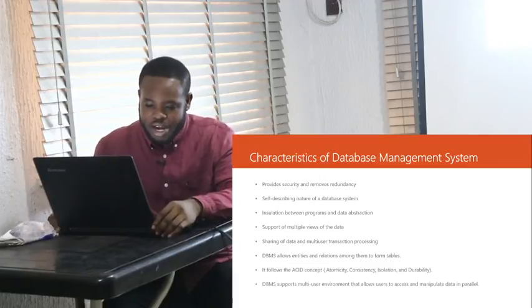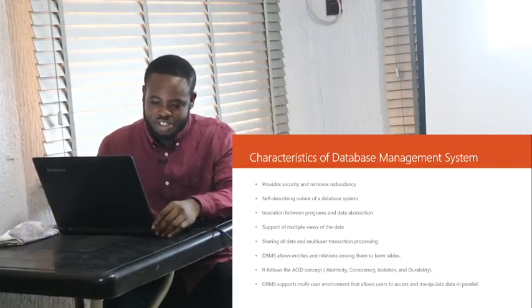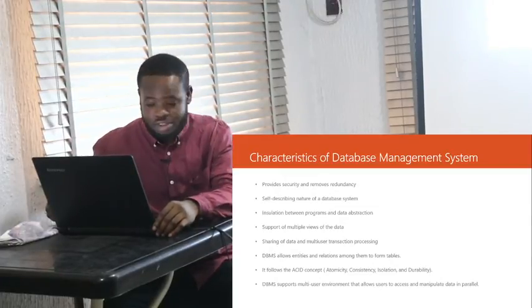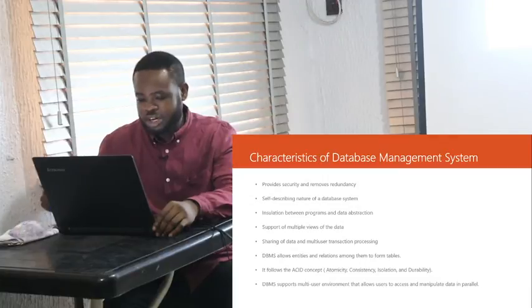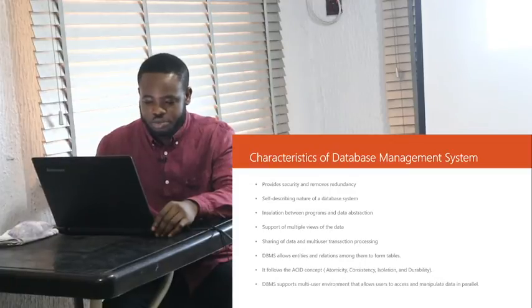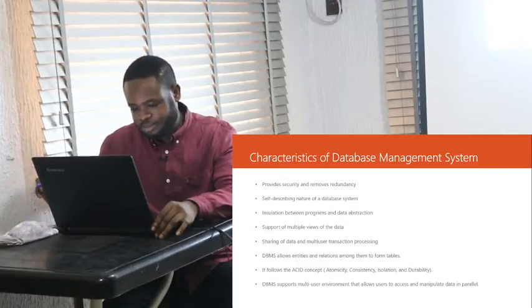Another one is the self-describing nature of a database system. We won't waste our time on this, so I'll just quickly read it out. Insulation between programs and data, abstraction, support of multiple views of the data, sharing of data and multi-user transaction processing.